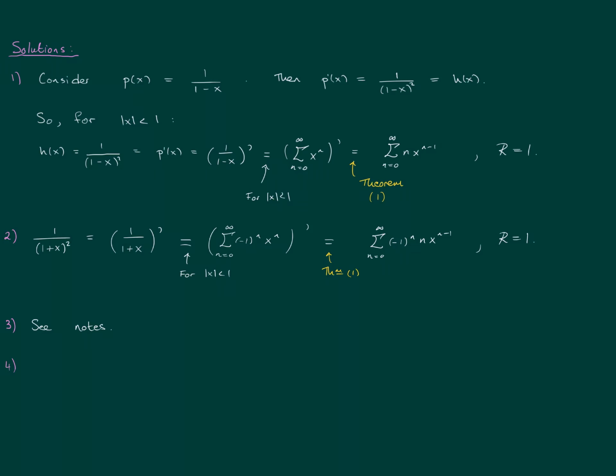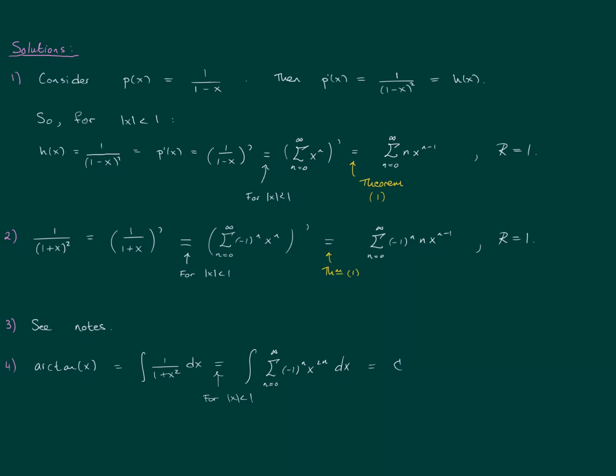Example 4. arctan x is an antiderivative of 1 over 1 plus x squared, which is equal to the integral. Remember, this formula is going to be valid for absolute value of x less than 1. Integral of the sum of (-1)^n x^(2n) from 0 to infinity.